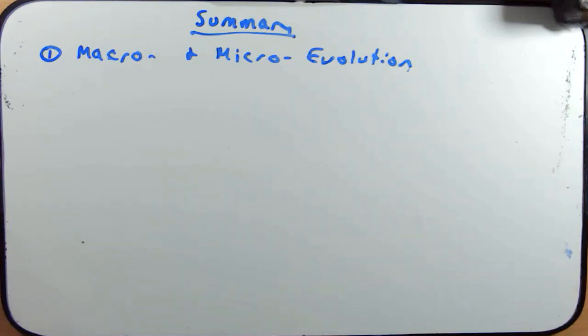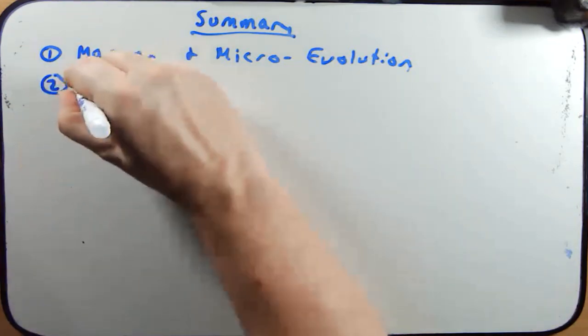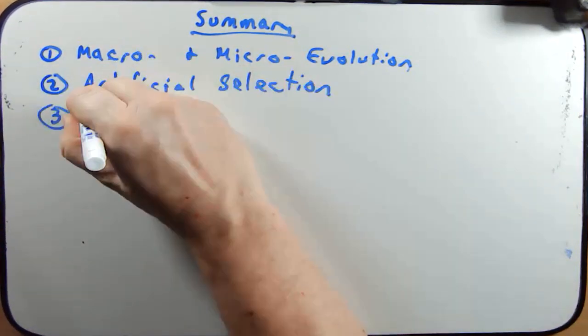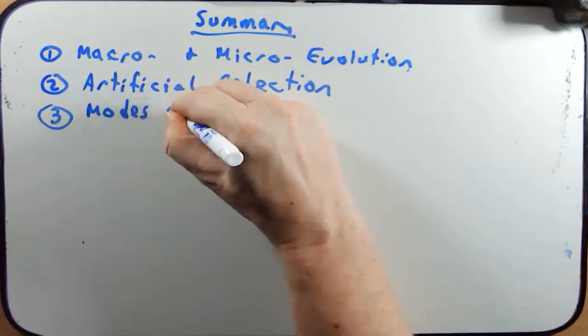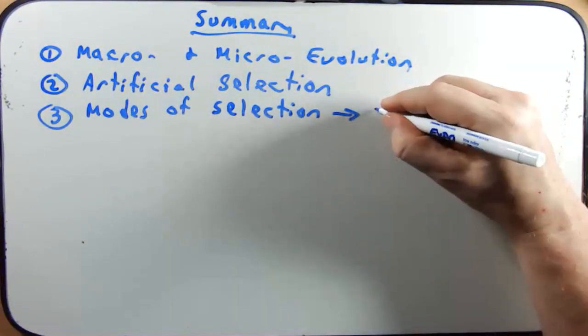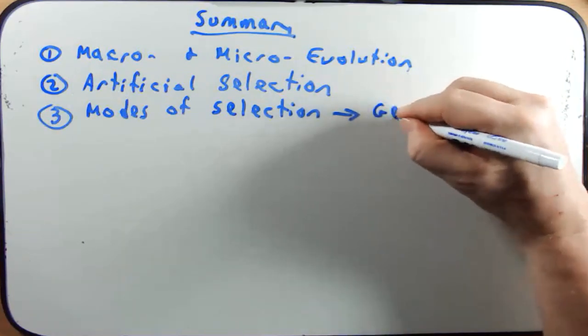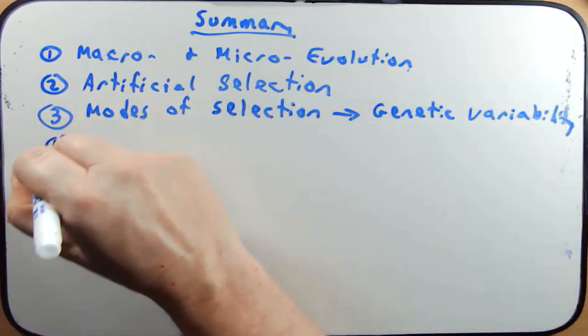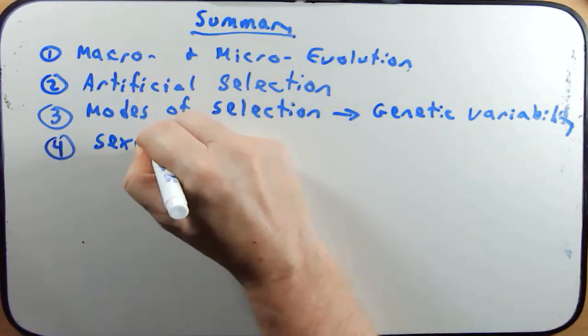And micro is something that would have been seen over a much shorter period of time and is seen within individual species and populations. We spent a little time talking about artificial selection. We talked about the modes of selection and how that influences genetic variability. And we just ended with talking about sexual dimorphism.